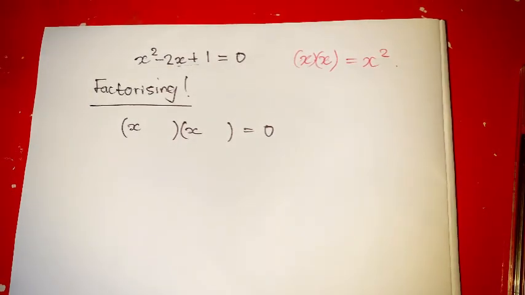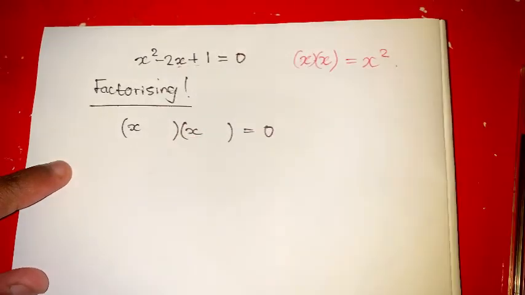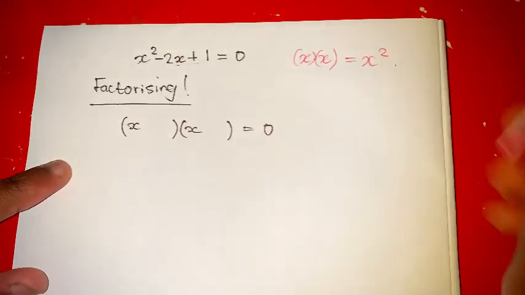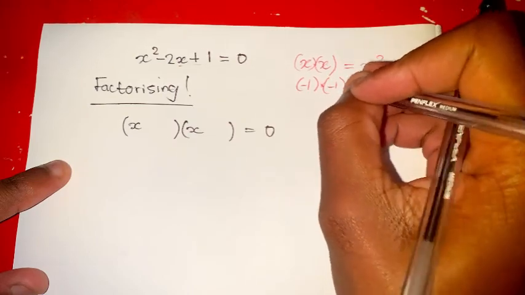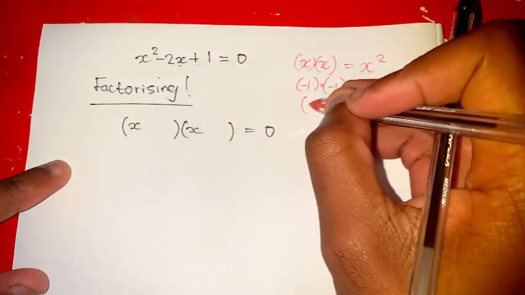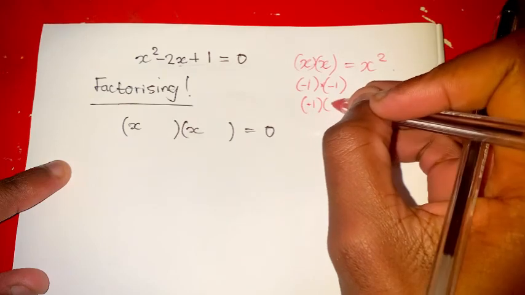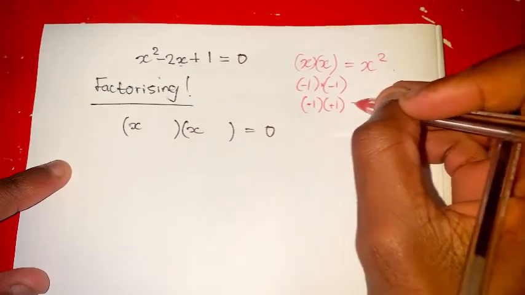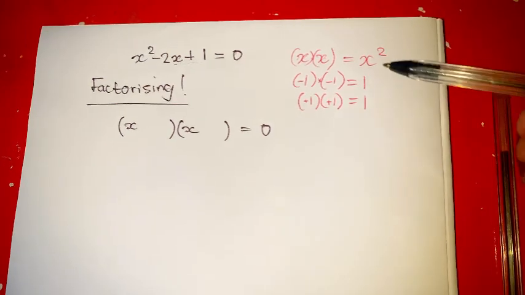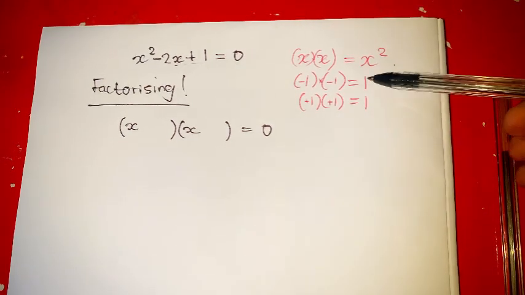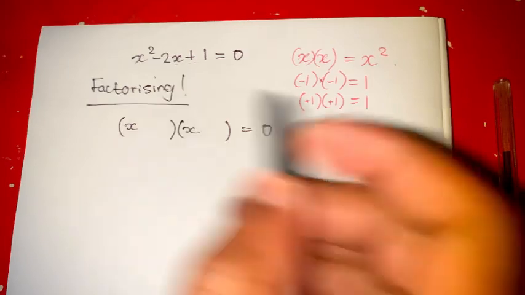That's the first part. And secondly, for it to be 1, it needed to be -1 by -1, or +1 by +1. Multiplying them, you'll get 1. So you're going to have to choose which one it was. So how you choose is that you look at your middle term.